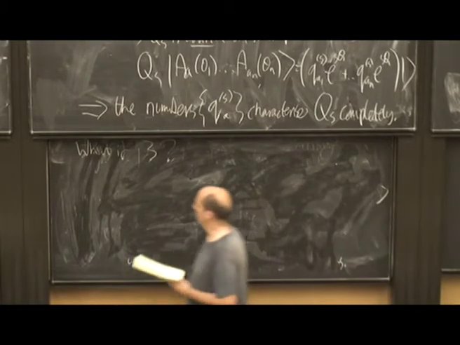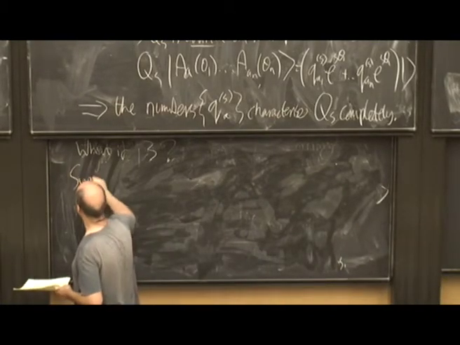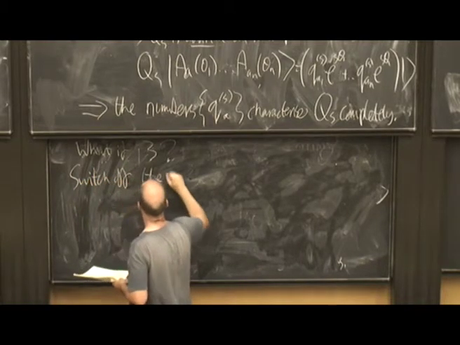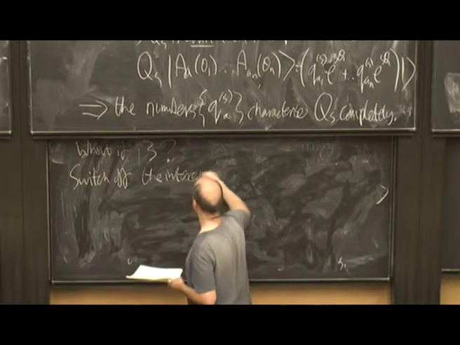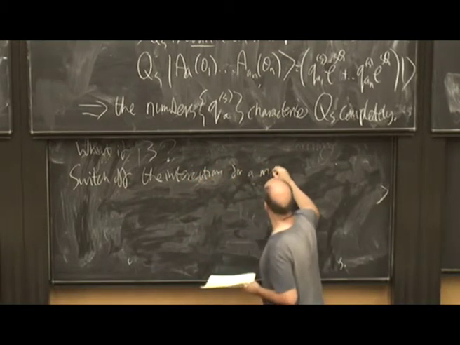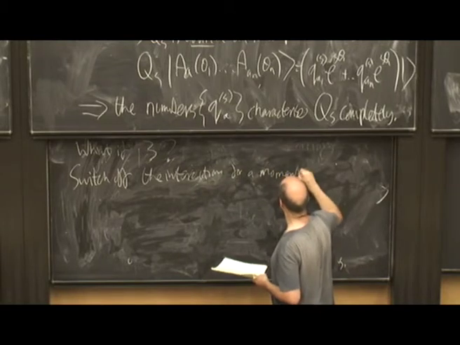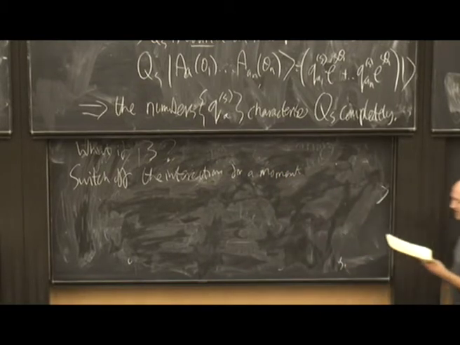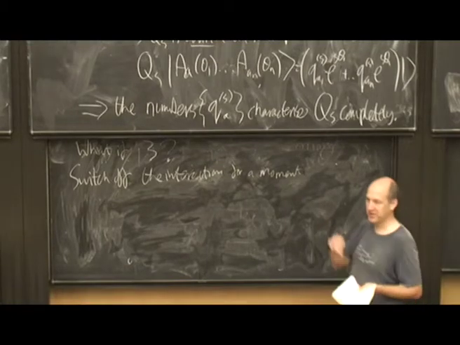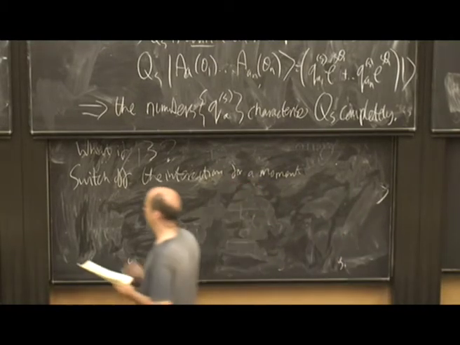Right. Well, one way to think about this is let's imagine we could just switch off the interactions for a moment. I'm not really going to need to do this, but it'll help me draw the pictures. So if I switched off all the interactions, then there'd be three possibilities for my three incoming wave packets.